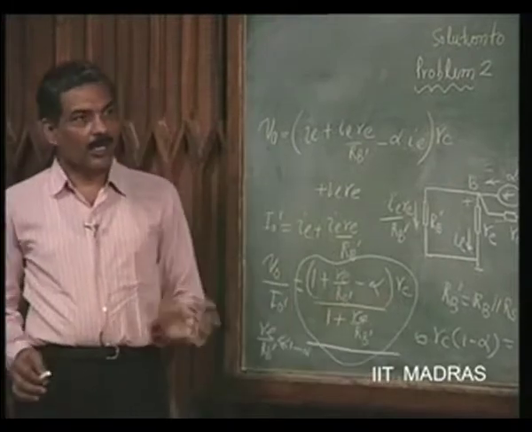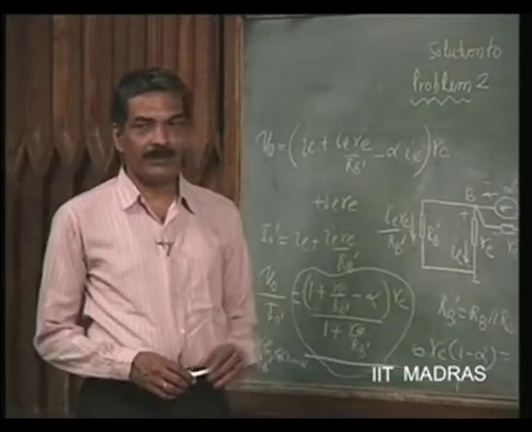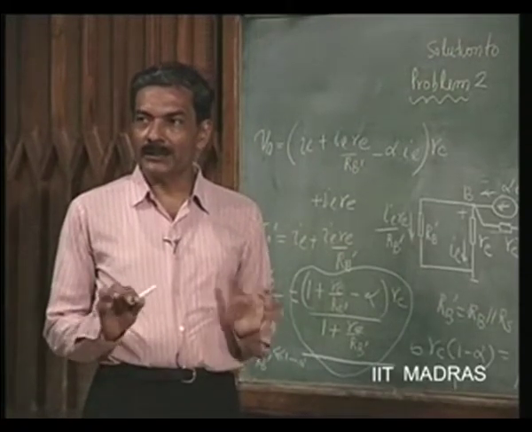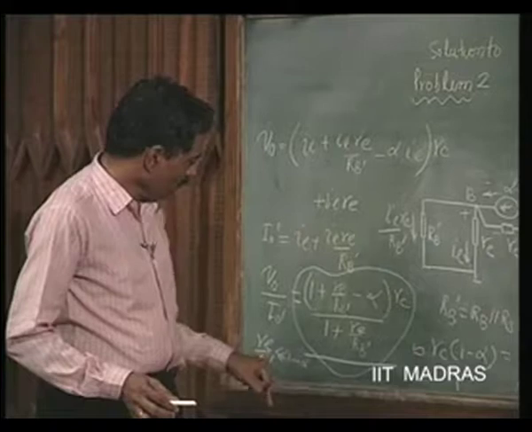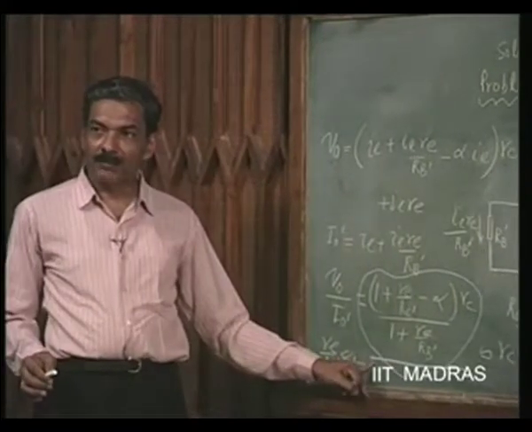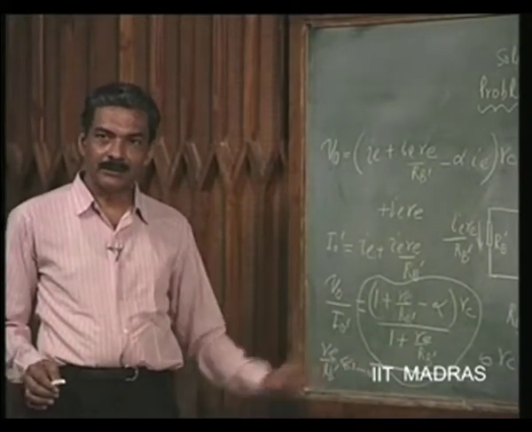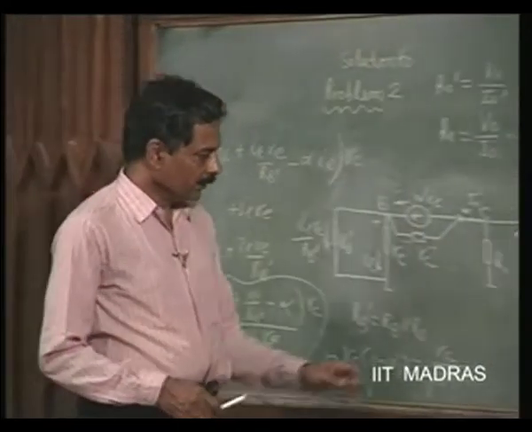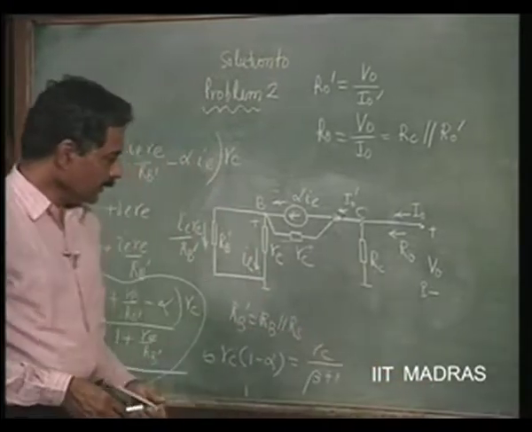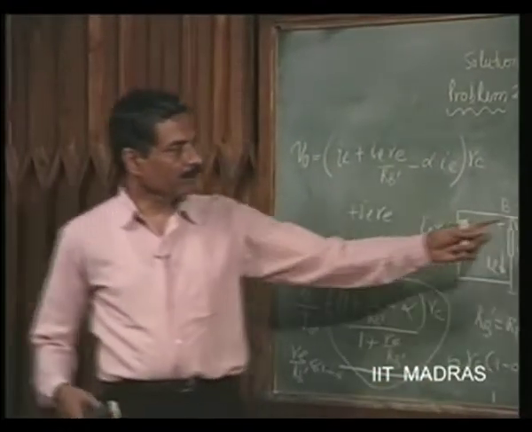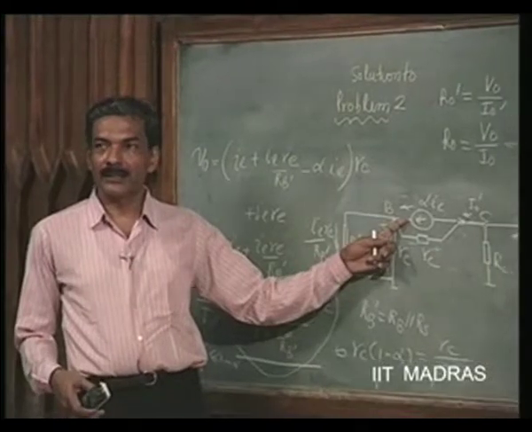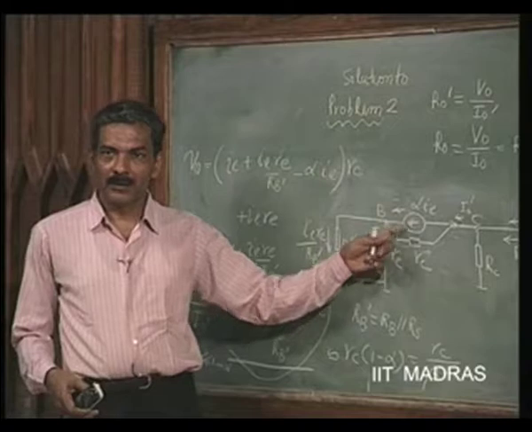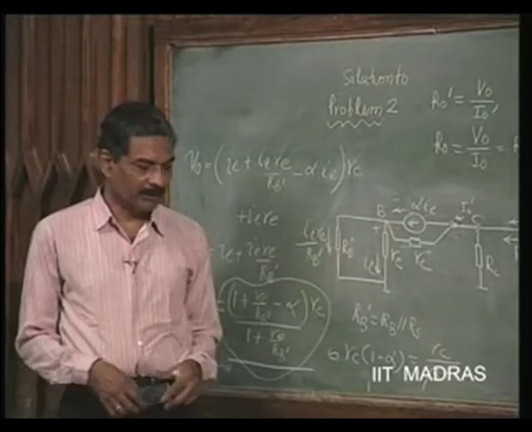That means the output impedance of these amplifiers, common base or common emitter, will always lie between R C and R C into 1 minus alpha, based on the approximation valid here. So, this example illustrates the effect of this non-ideality occurring across the transistor, the collector base junction.